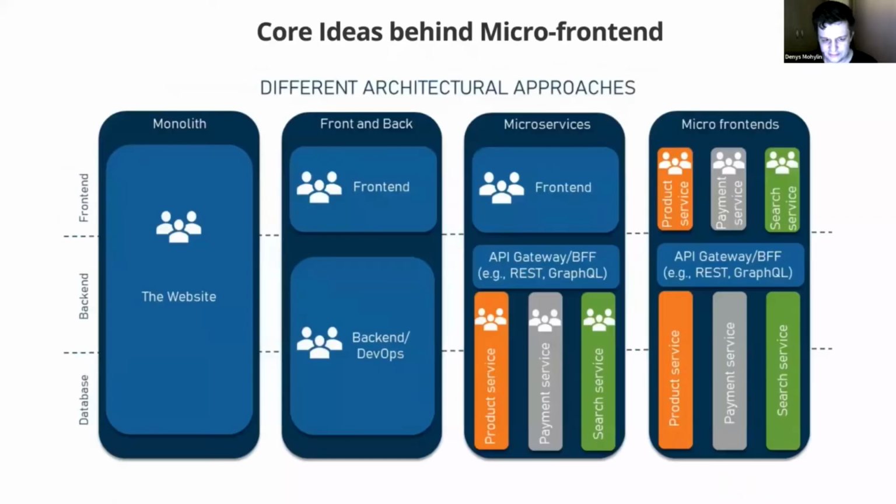So let's see the very basic table, something like a comparison table of how the microservice and Micro Frontend actually look. Based on probably the most well-known case, the word microservice mostly, because Micro Frontend is something new.